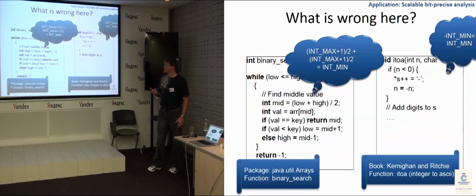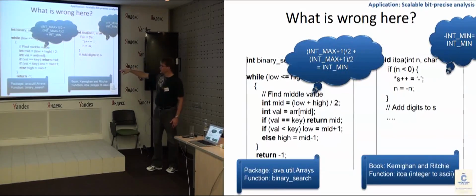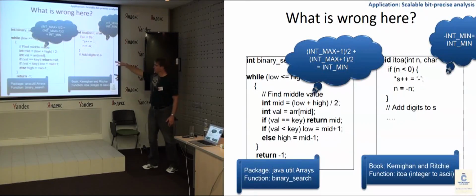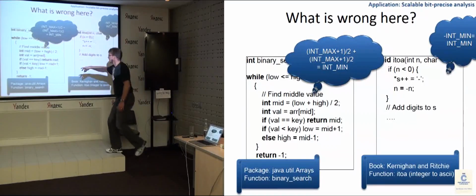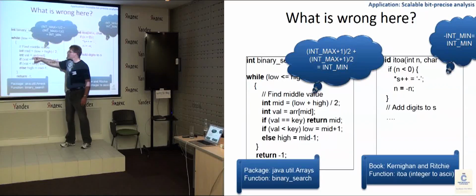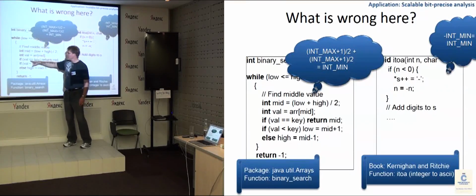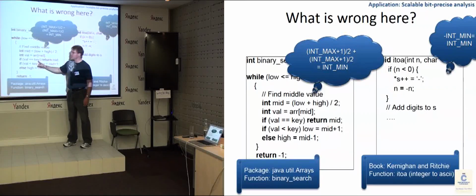So here are two examples. One is the binary search algorithm, a well-known bug in Java. Sorry, the PowerPoint version of these slides is animated, but what you have here is a program that takes an array R and a low and high as input. The assumption is that the array is sorted, and you want to find a value that matches an input key.